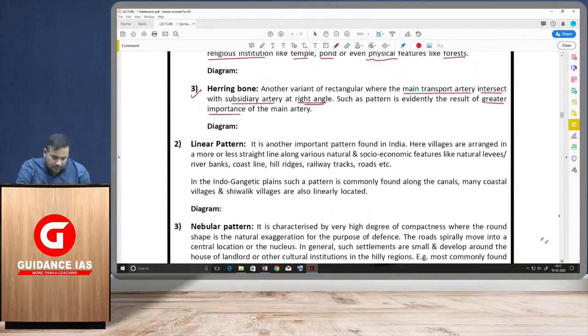Then you can understand that another common type of pattern would be the linear pattern. So it is another important pattern found in India.